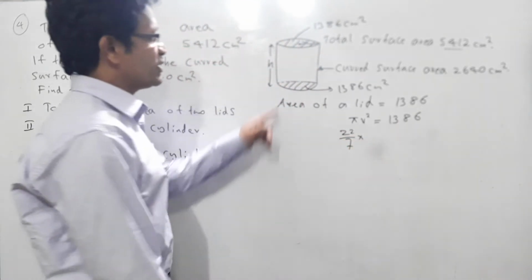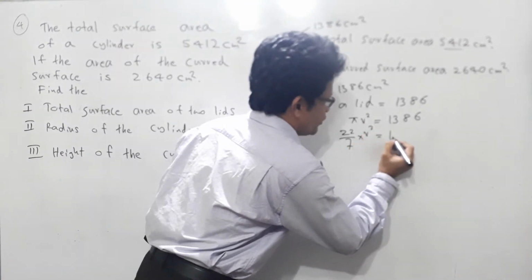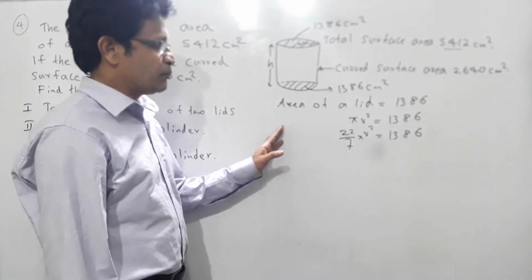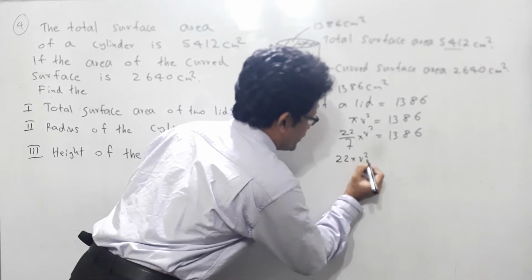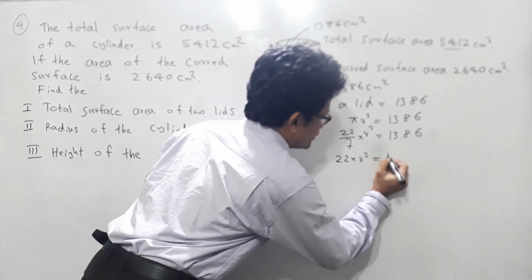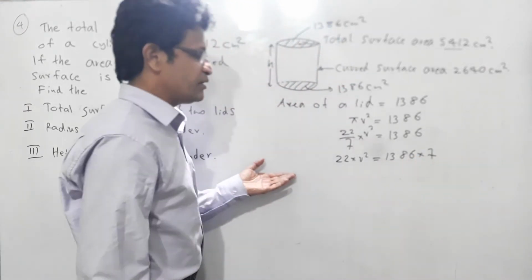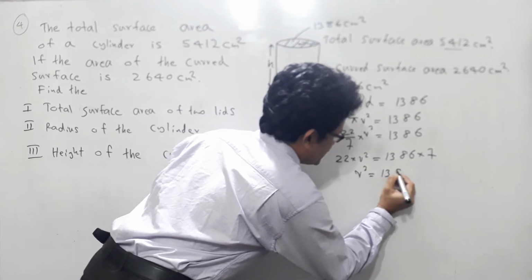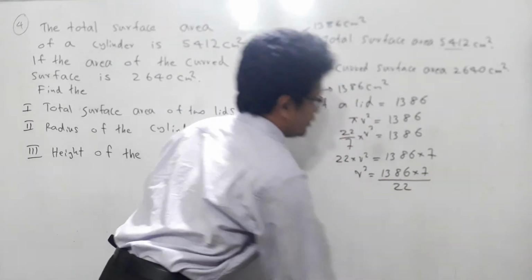R is not given, so we take r squared. Now multiply both sides by 7: 22 into r squared equals 1386 into 7. Then divide by 22: r squared equals 1386 into 7 divided by 22.